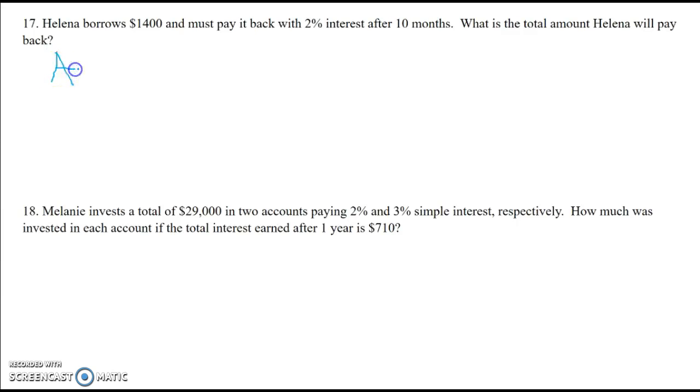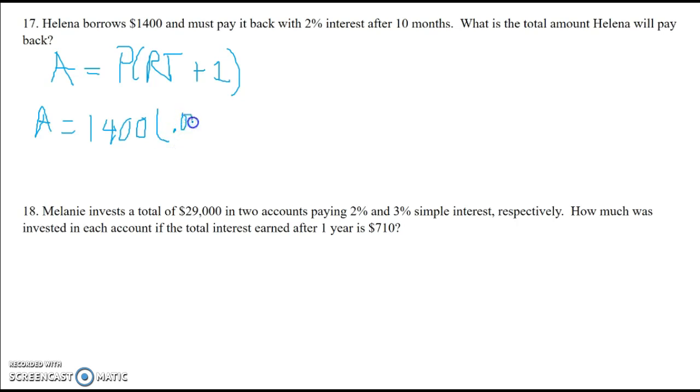So A with simple interest is equal to P times RT plus 1. So I'm going to fill this in. So A is going to equal 1,400 times 2%, 0.02, times 10 months.